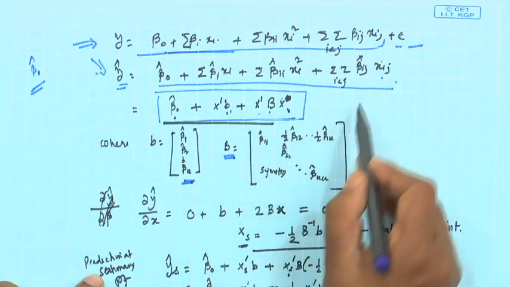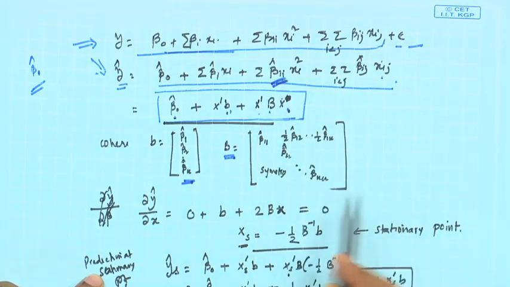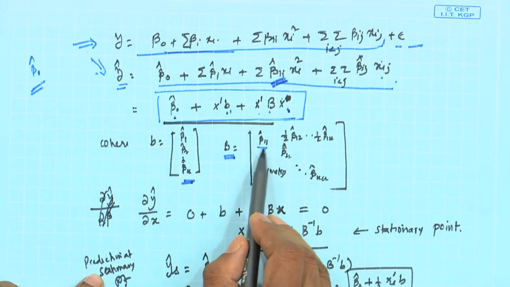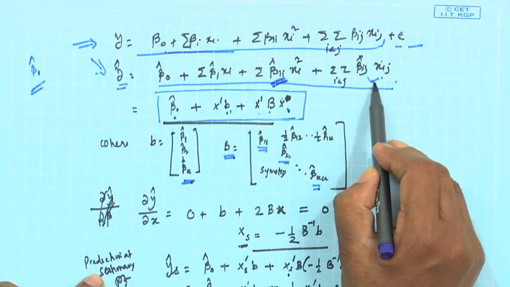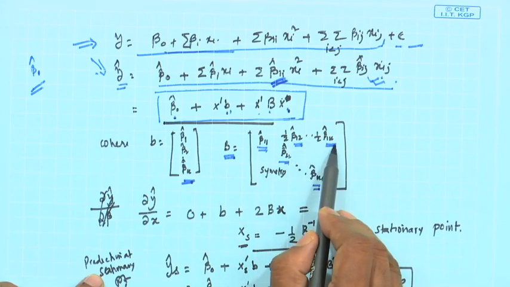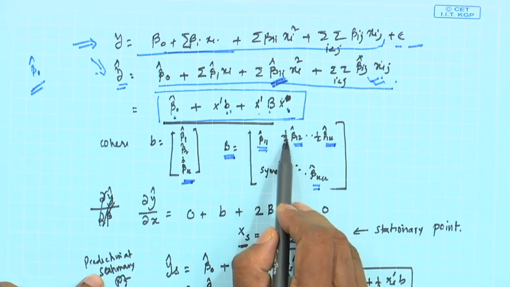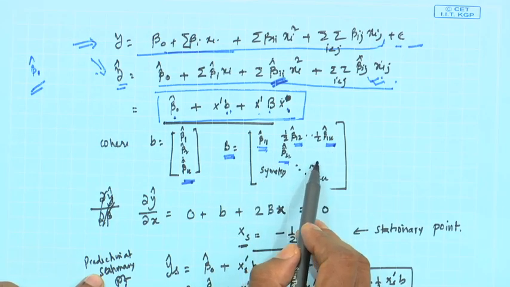it basically contains the second order coefficients, that is the quadratic part beta 1 1, beta 2 2, beta k k, and the interaction part like beta 1 2, beta 1 3, beta 1 k, and it will be 1 by 2, 1 by 2, and this side will be symmetric. So, okay.